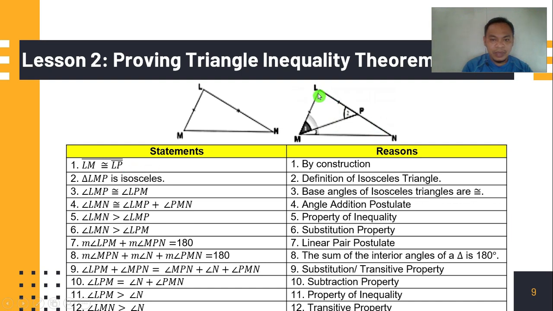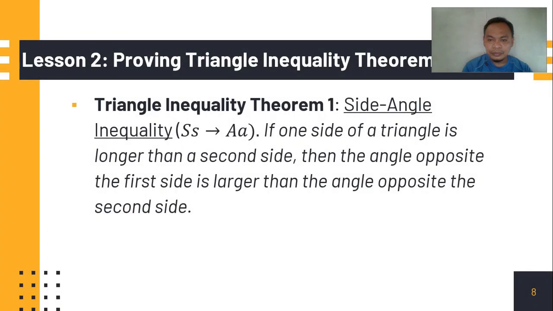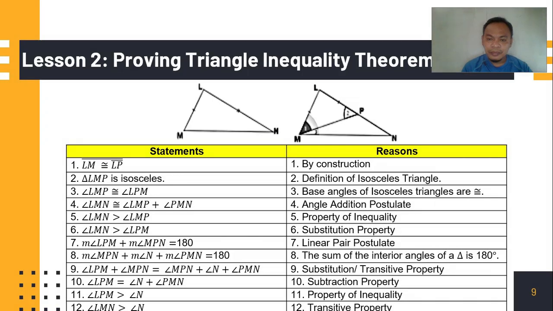Diba? LM. This one, LM is congruent to LP. Construct natin si, okay, so naging ganito. From M to here is one P. Okay?